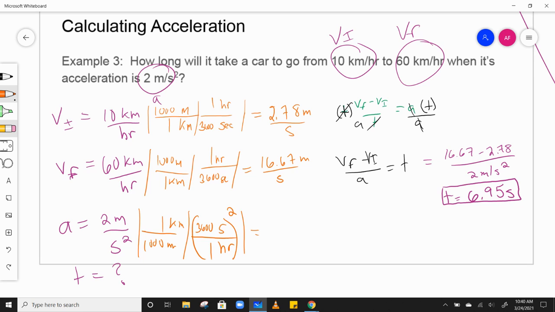And I got 25,920, and that would be in kilometers per hour squared.